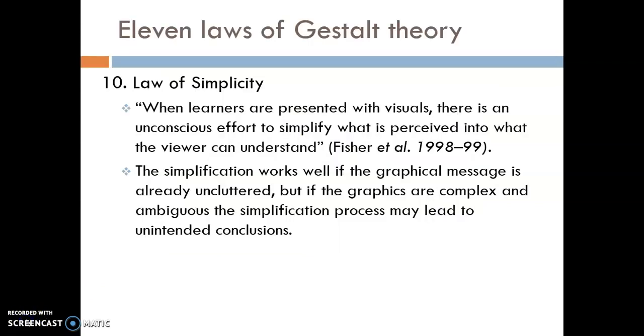Okay, the number 10 is the law of simplicity. The law of simplicity indicates that elements are always perceived in the easiest way possible. Further, simplicity emphasizes the importance of striking features, which can be used as an advantage on a website. Keep it simple and focus on what really matters. We try to keep our website as simple and clean as possible so we can focus on what we really want to communicate.